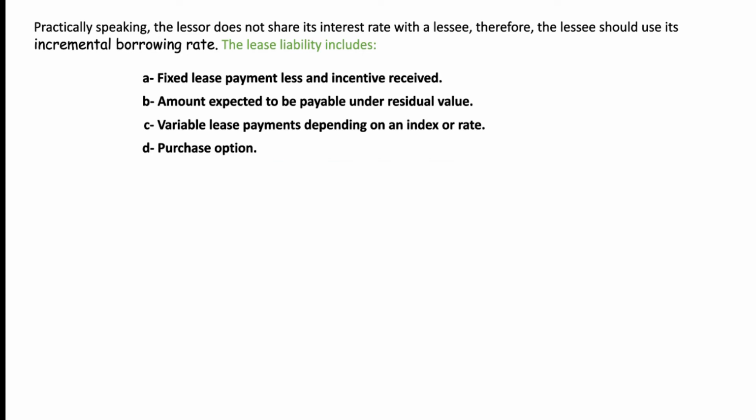To give you a clear picture on right-of-use asset and lease liability, the lessee should recognize a right-of-use asset in its financial statements as well as a lease liability. This lease right-of-use asset is going to be depreciated over its useful life or over the lease term, whichever is shorter.